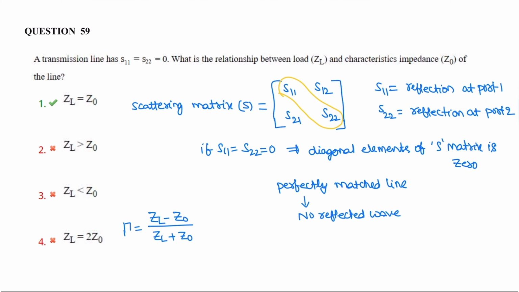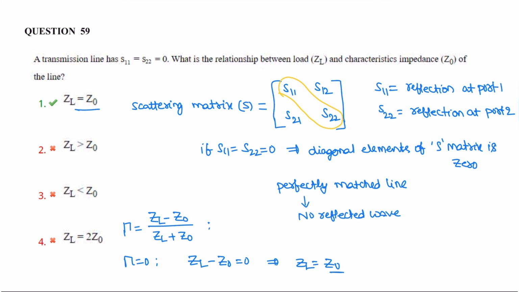So it is a perfectly matched line, no reflected wave, and the entire wave is transmitted. So perfectly matched line means ZL is equal to Z0. No reflection means gamma is 0. Gamma 0 means ZL minus Z0 is equal to 0, which implies load impedance is equal to characteristic impedance.